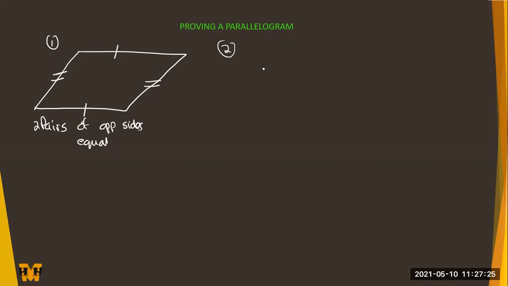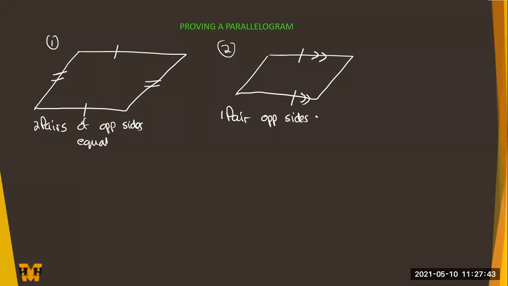A second way of proving a parallelogram is by proving that one pair of opposite sides are equal and parallel.